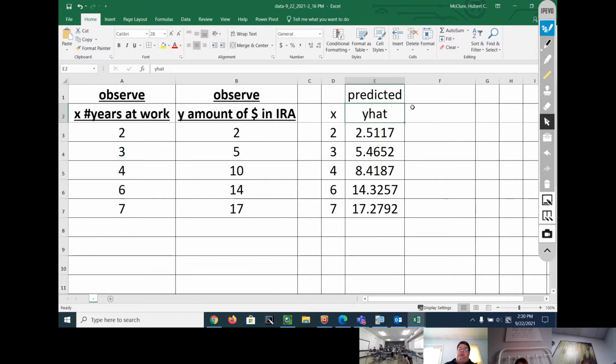The distance between the predicted values and the observed values. That's exactly right. Write that down. The residual is the difference between the observed value and the predicted value.